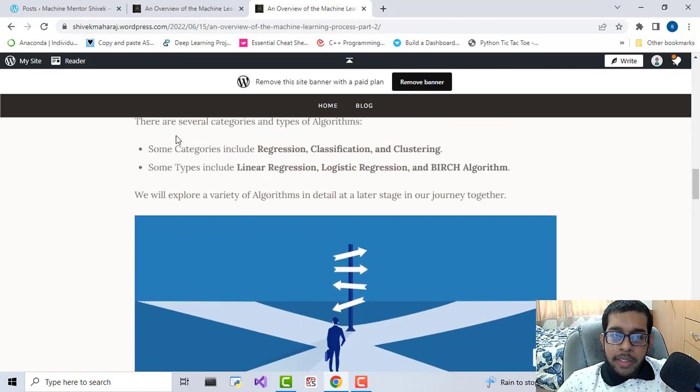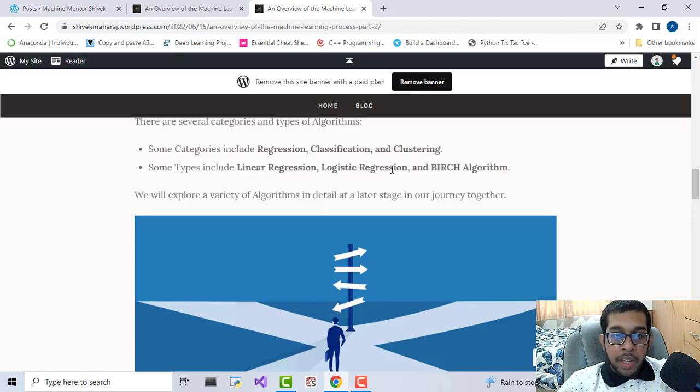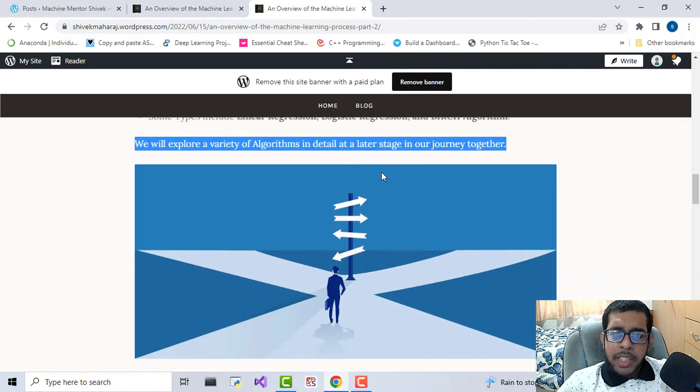There are several categories and types of algorithms. Some categories include regression, classification, and clustering. Some types include linear regression, logistic regression, and the Birch algorithm. Now we will explore a variety of algorithms in detail at a later stage in our journey together.